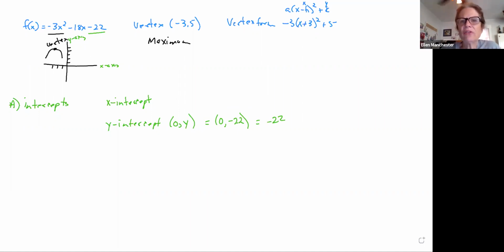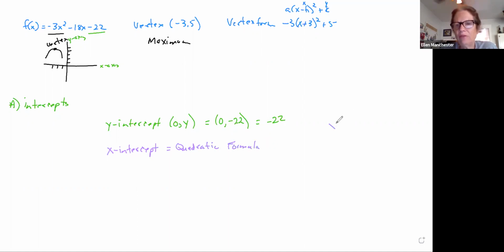Okay, the x-intercepts are a little bit more complicated. So I'm going to change colors again. So the x-intercepts, we have to work it out a little bit more. This is where most of your work is going to happen. So the x-intercept is found using the quadratic formula.